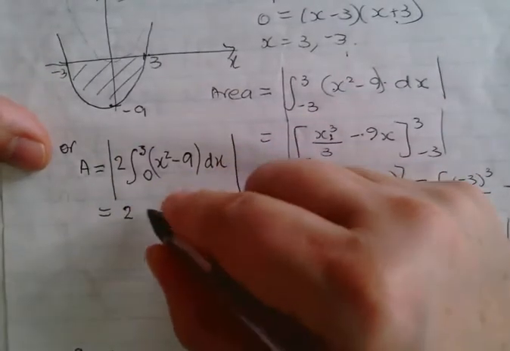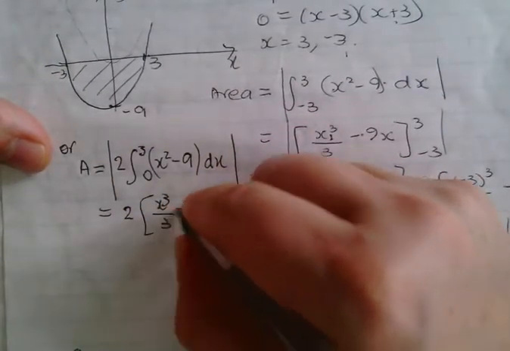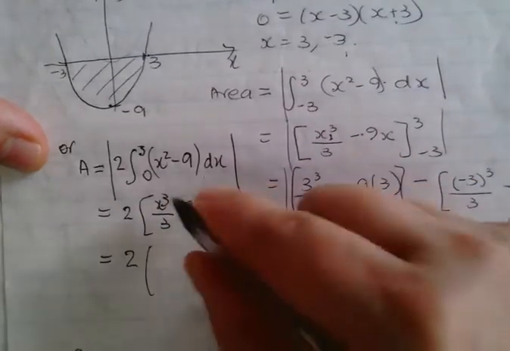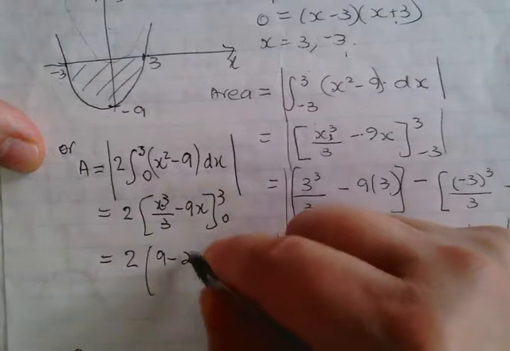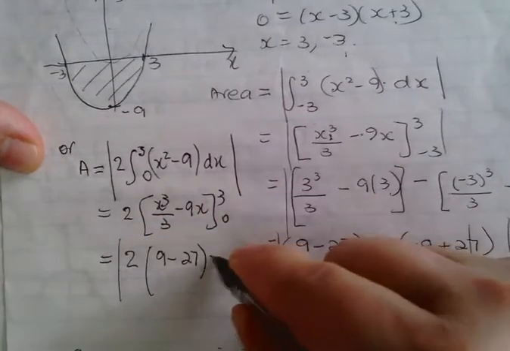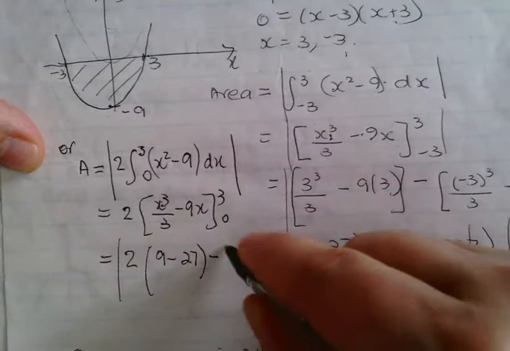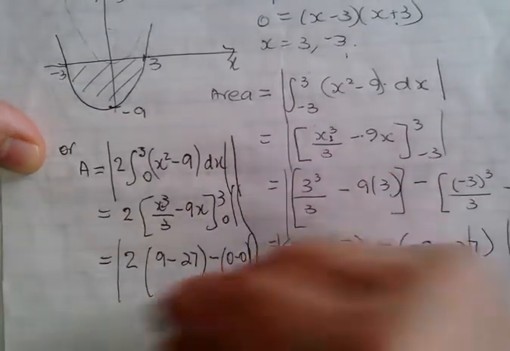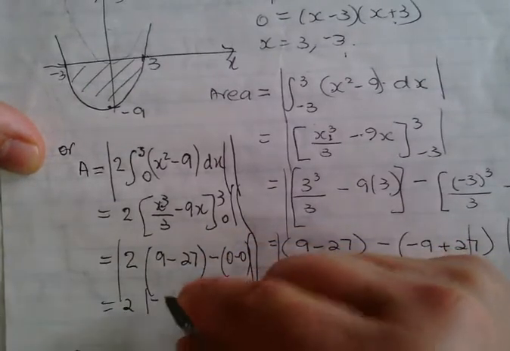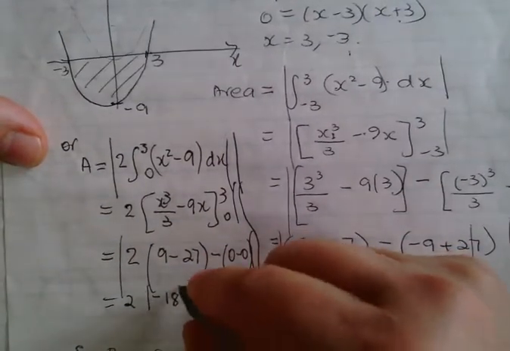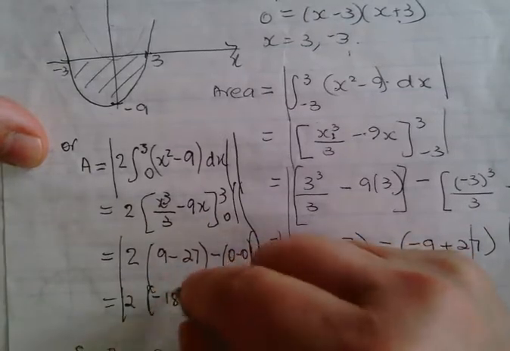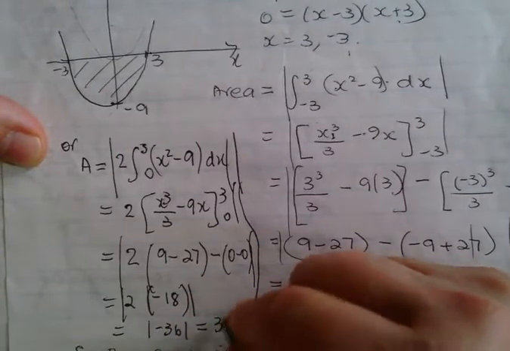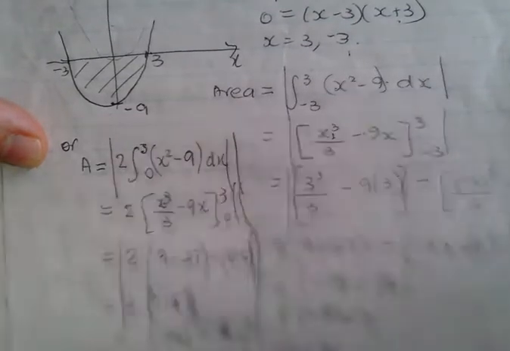Okay, and I would have got 2 times x cubed on 3 minus 9x between the values of 3 and 0, which is 2 times, that's 27, that's 9 minus 27, got to do the absolute value, minus 0 minus 0, which is 2 times negative 18, an absolute value, which is the absolute value of negative 36, which is 36 units squared.